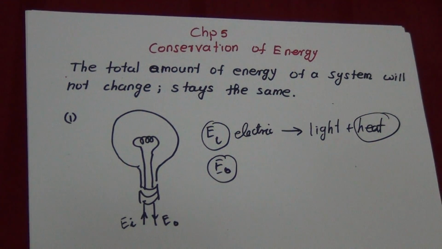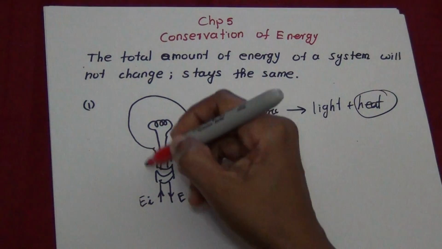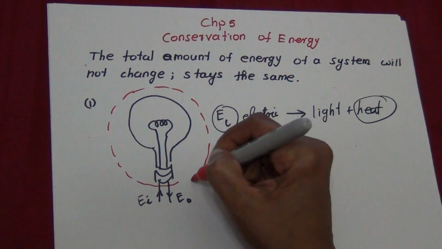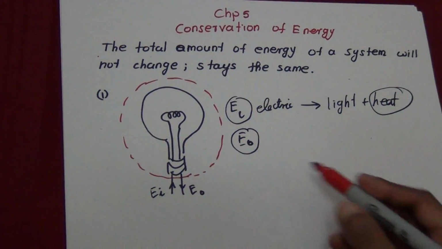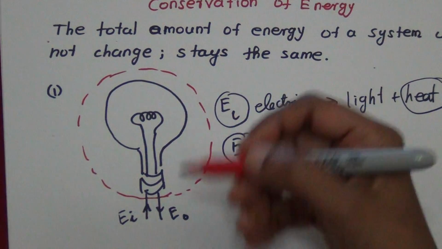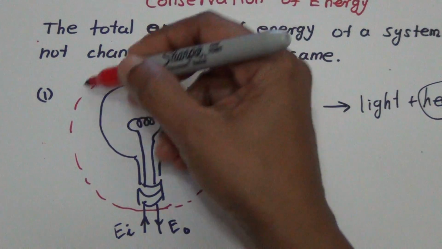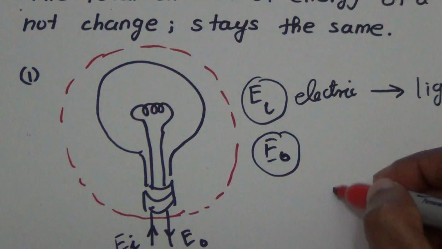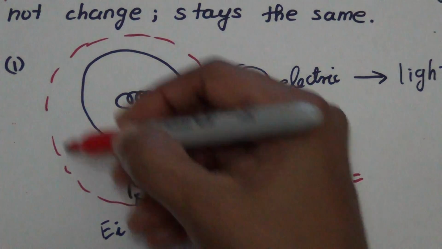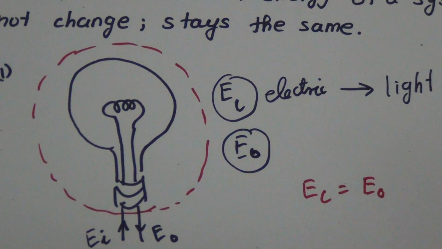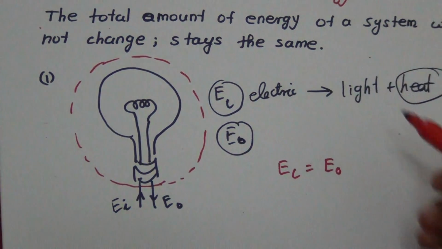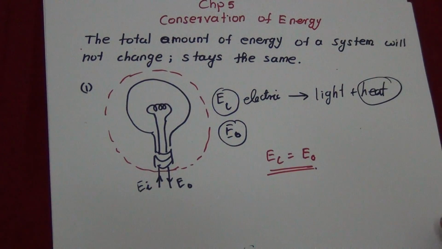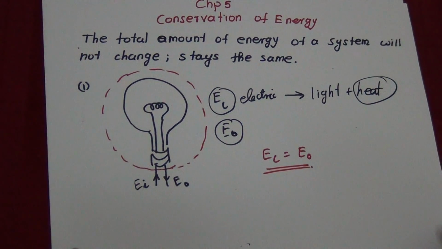Now assume that you have a boundary through which the energy cannot pass. So all the energy will be confined inside this boundary. Now you measure the input energy and the output energy, because now you can measure the heat, light, all types of energy. So you will get the energy input equal to energy output, right?